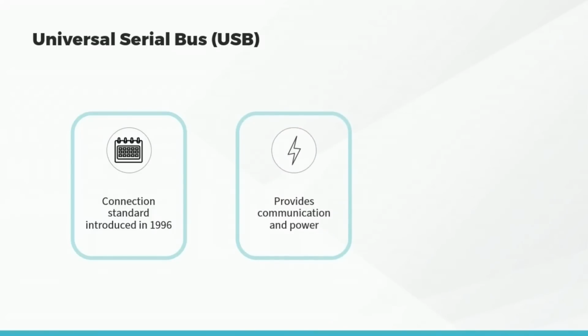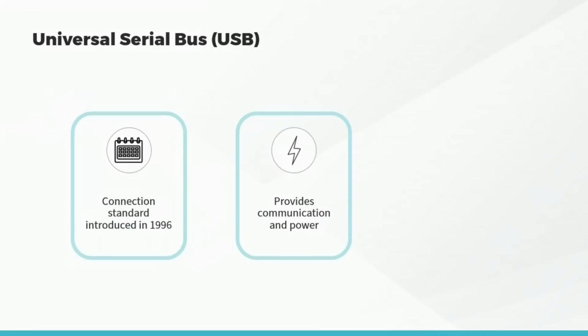So, for example, a device that might otherwise require its own dedicated power might not need it if you connected it to a USB port. Now, that will depend on the type of device itself and how much power it requires, but it also means that for rechargeable devices, all you need to do to recharge it is plug it into a USB port on your computer.